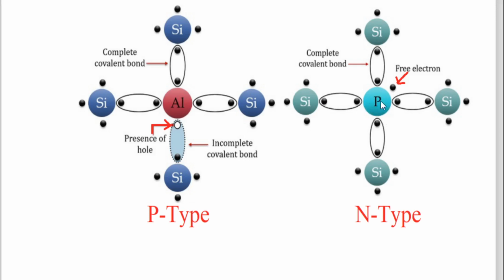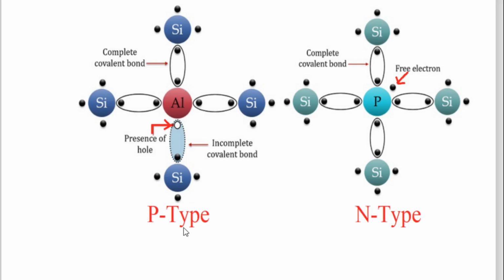When a pentavalent impurity atom is added, it creates one free electron. Why? Because this pentavalent impurity has valency five, and four electrons are shared with the four neighboring silicon atoms, and one excess electron is called a free electron. So this is about n-type material which you already studied.